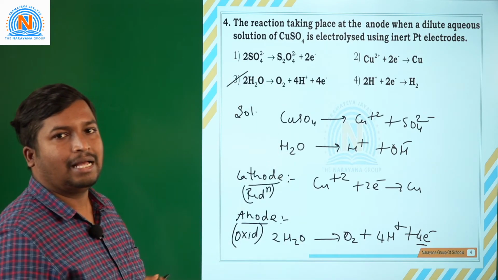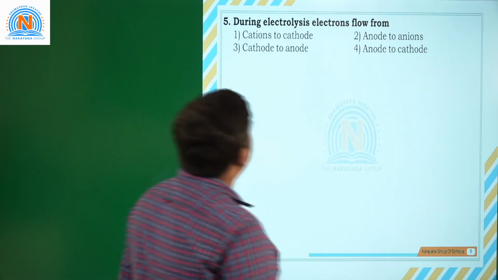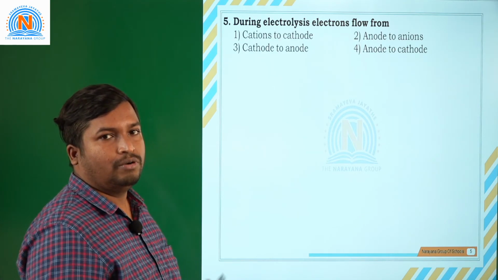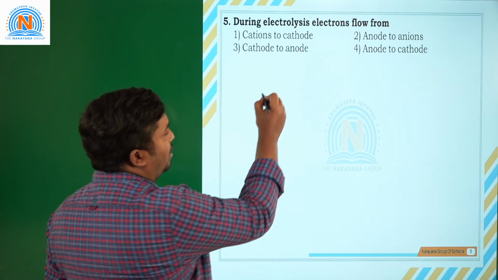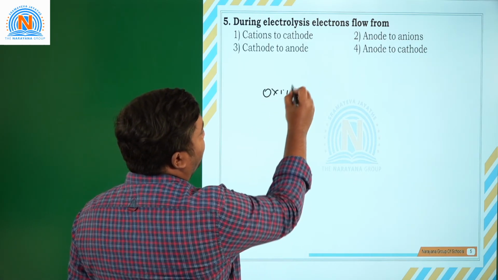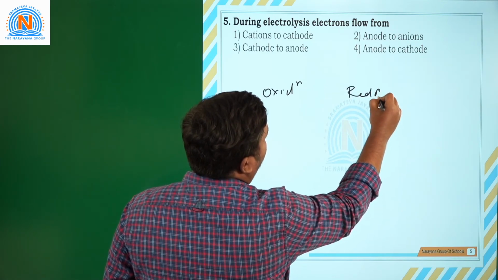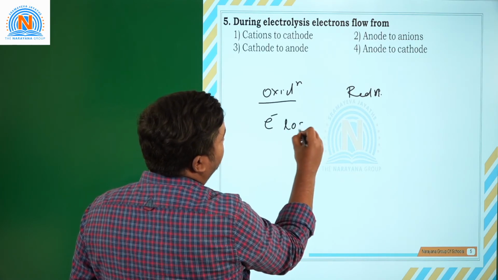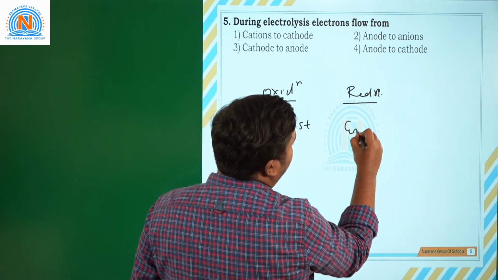Okay. Then the last question. During electrolysis, electrons flow from. So, here you have to see from the processes oxidation and reduction. In oxidation, electrons are lost, and in reduction, electrons are gained.